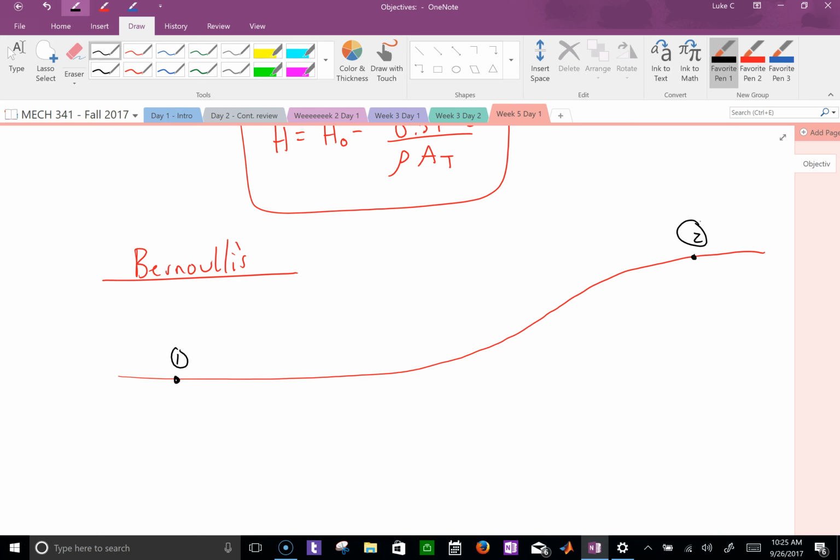What do we typically do from one point to the other? Remember? We talk about Bernoulli's. Write the equation and see what we... So what is conserved? Energy.